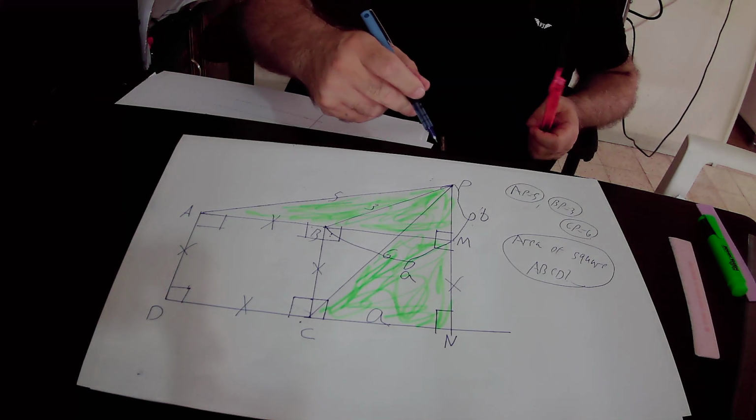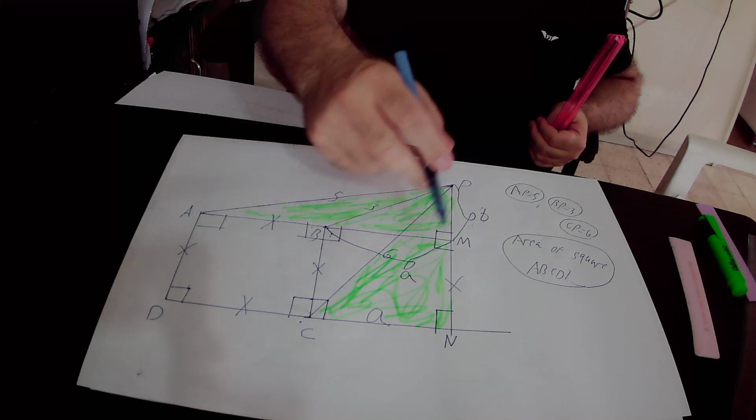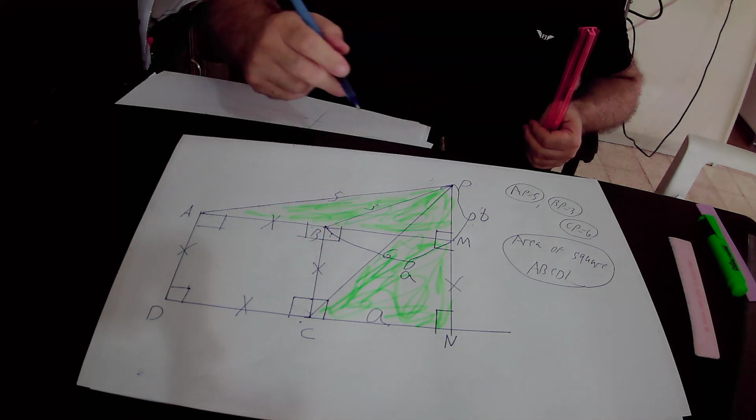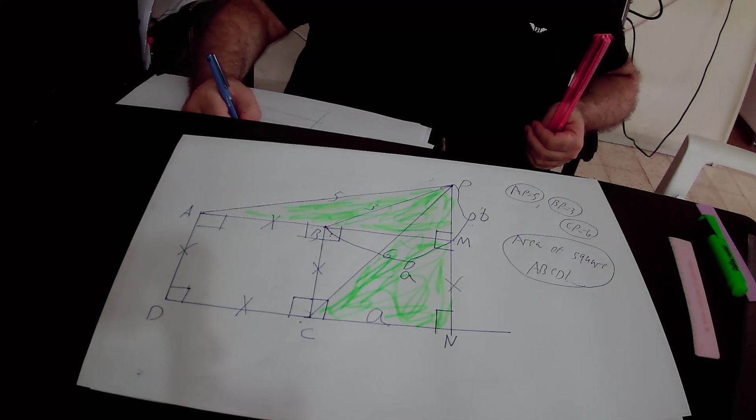The hypotenuse of the right triangle PCN is PC, therefore the square of the hypotenuse is PC squared.